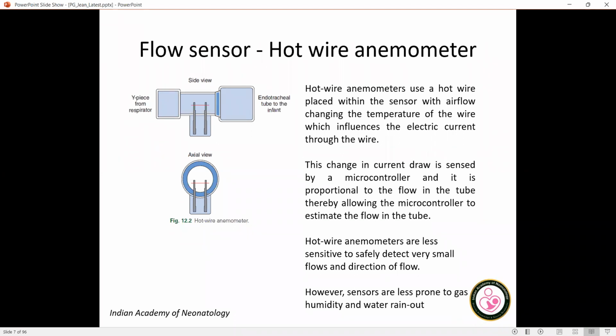The hot wire is placed within the sensor, with airflow changing the temperature of the wire, which influences the electric current through the wire. This change in electric current is sensed by a microcontroller, and it is proportional to the flow in the tube, thereby allowing the microcontroller to estimate the flow. It is less sensitive to small flows, but it is less prone to gas humidity and water rainout when compared to the pneumotachometer.